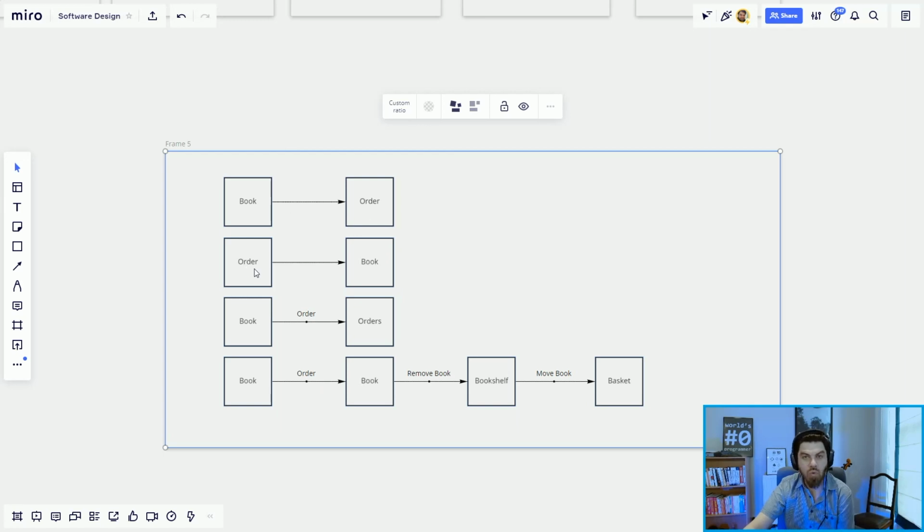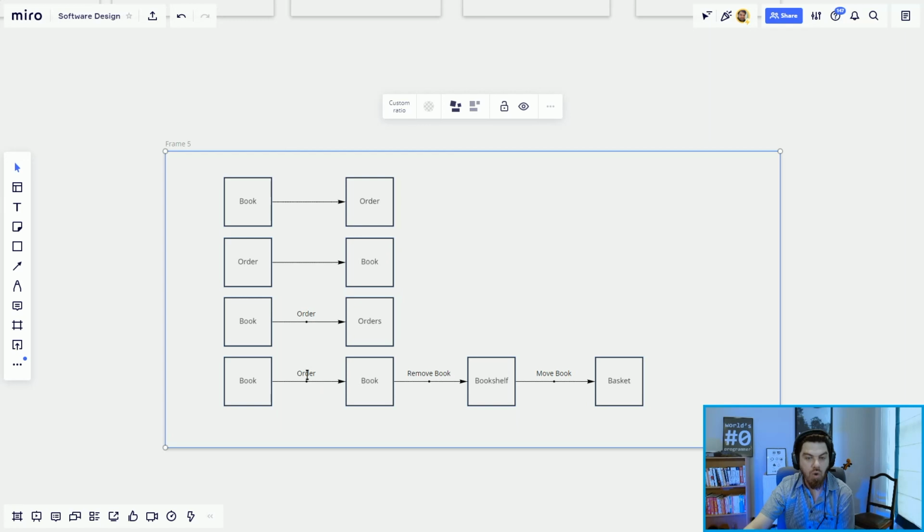You could have an order which contains a book. An order has, via composition, a book which is part of the order. You could have book and order as a command or a workflow in the orders list. So the orders list is purely a list of books, but the context is order. So therefore we understand that it's a list of books in an order.